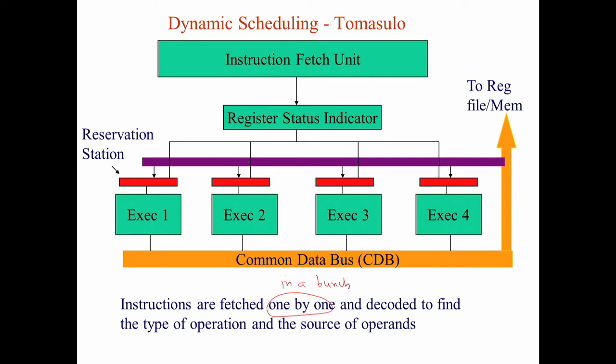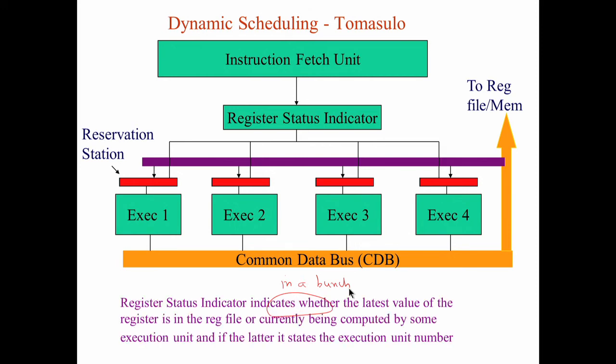Now the next thing that we need to see is, you all understood what an instruction fetch unit is. It will fetch many instructions and decode and find out what the operations to be done are and what the operands are. Now there is some register status indicator. What will the register status indicator do?